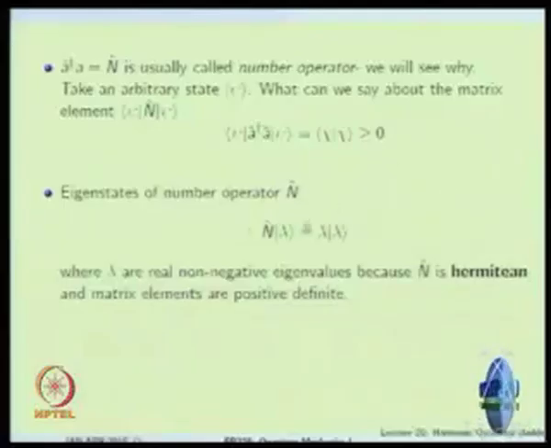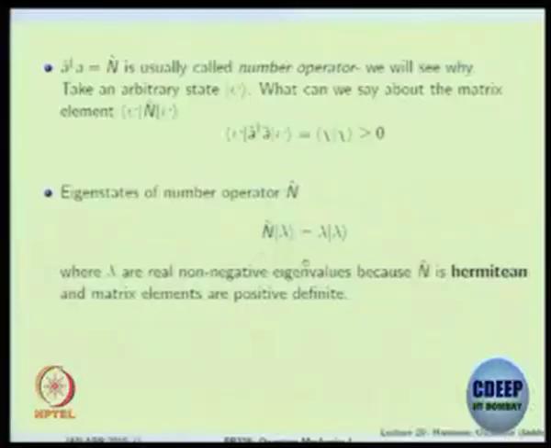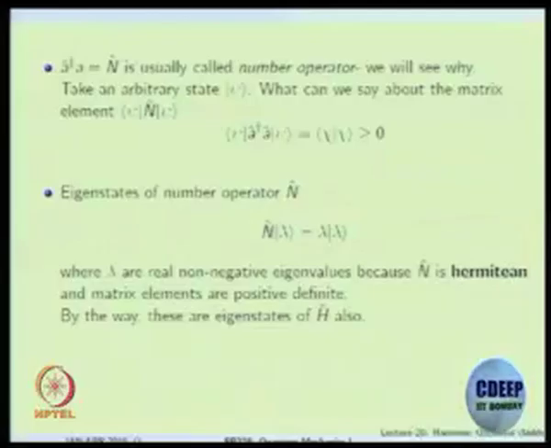Eigenstates of the number operator n hat, if suppose lambdas are called the eigenstates with eigenvalue lambda, they have to be real non-negative eigenvalues because n is Hermitian and matrix elements are positive definite. So this is just to say that the number operator commutes with the Hamiltonian, they will also be eigenstates of the number operator.